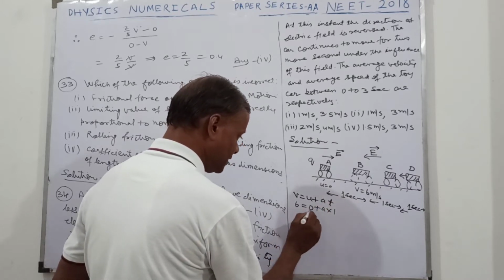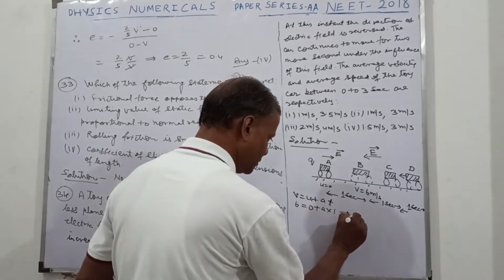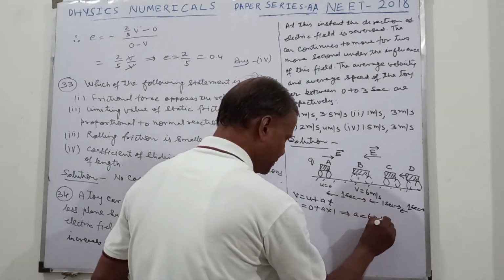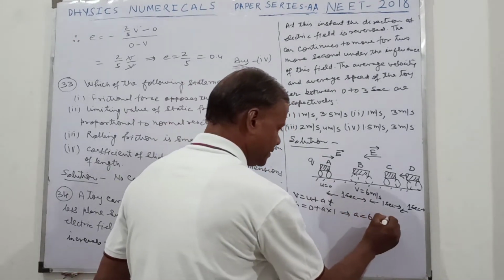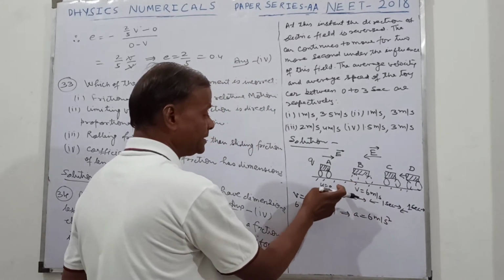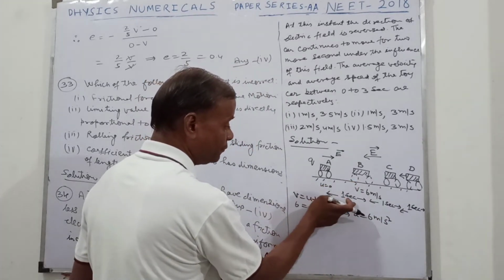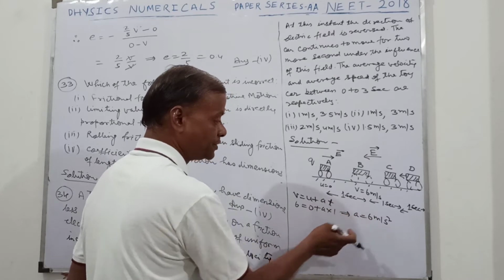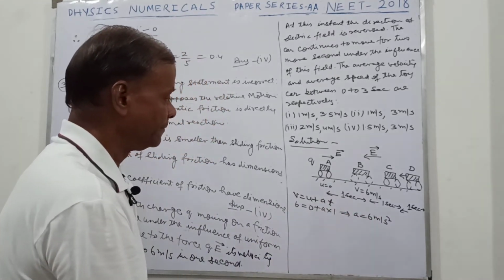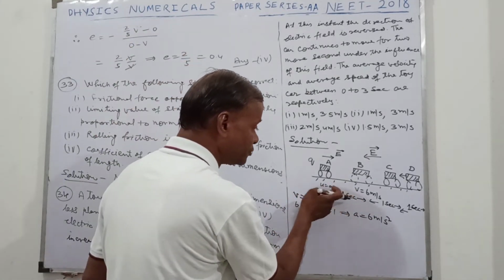So the acceleration will come out to be 6 meter per second square. It means that this is being accelerated for 1 second with the acceleration of 6 meter per second square. So what will be the distance moved by this one?